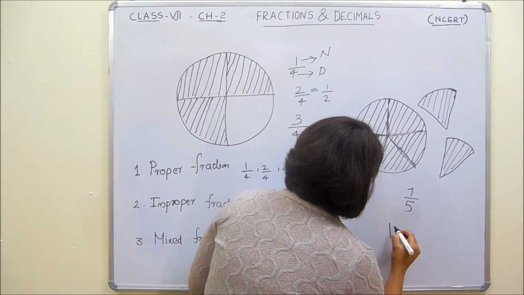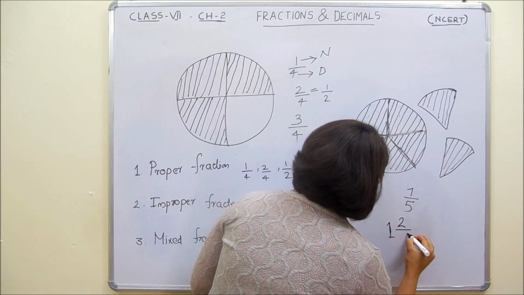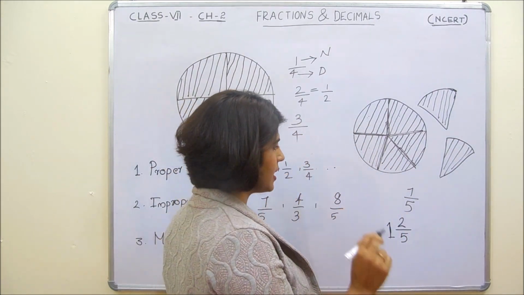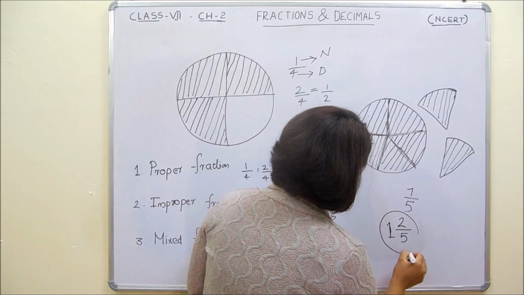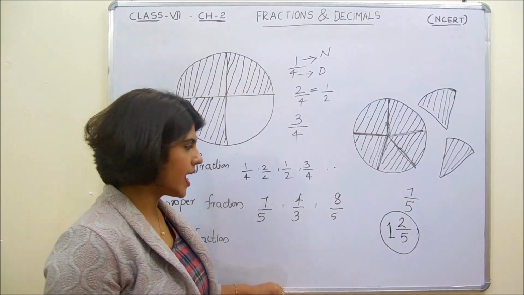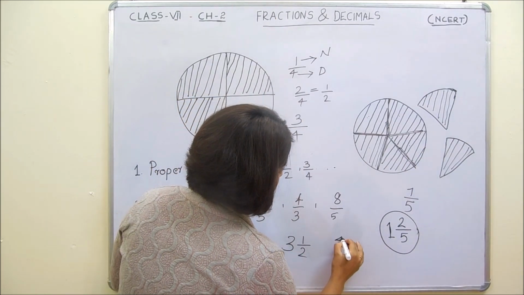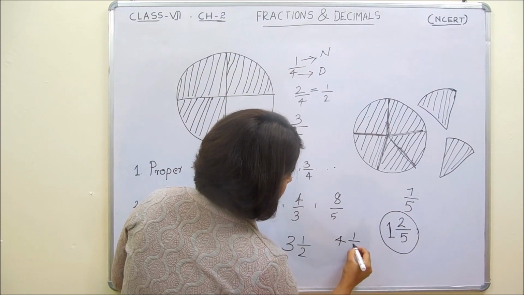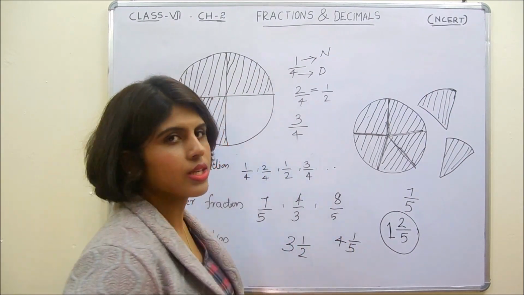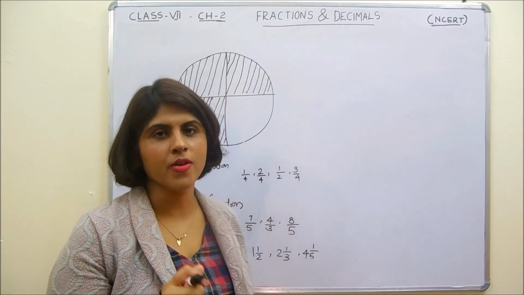Clear? So these kinds of fractions are known as mixed fractions. So 3 1 by 2 or 4 1 by 5 are examples for mixed fractions. Mixed fractions we can convert into improper fractions.